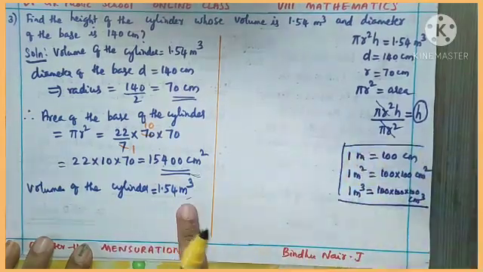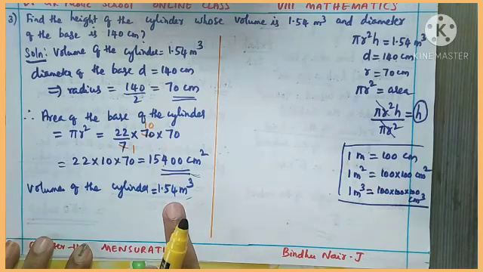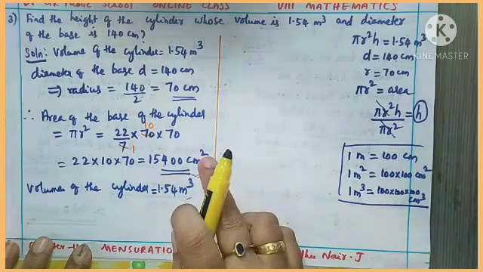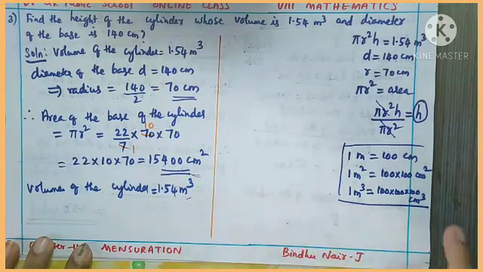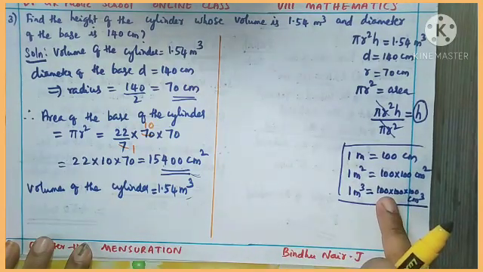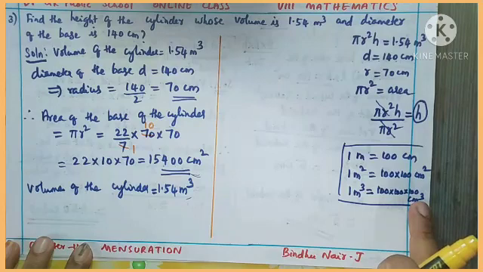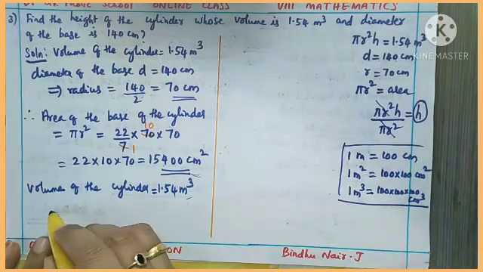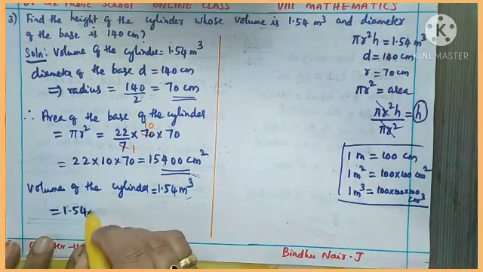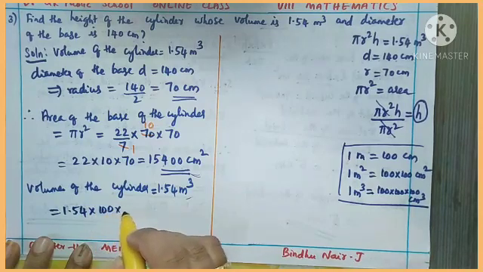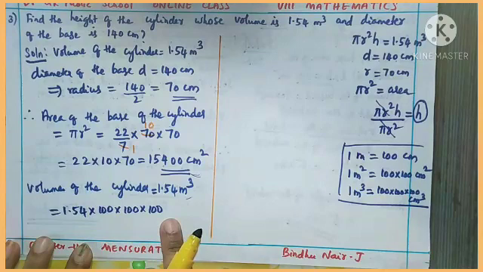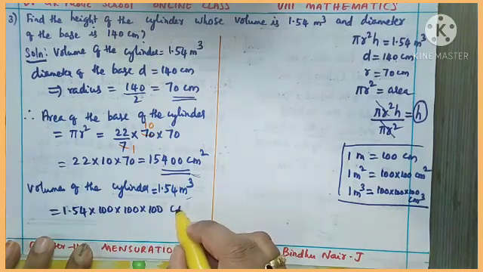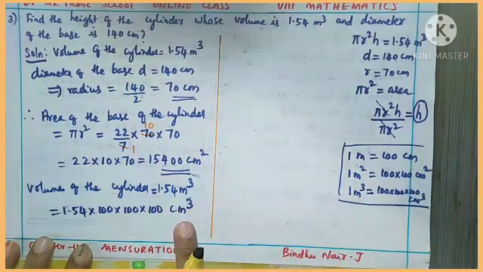So in order to convert this meter cube into centimeter cube, you want to multiply how many times? 3 times. 100 into 100 into 100. So that is equal to 1.54 into 100 into 100 into 100. When you multiply 100 3 times, that will be converted into centimeter cube.